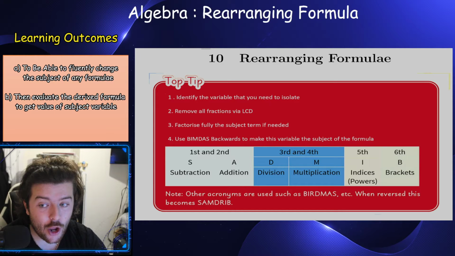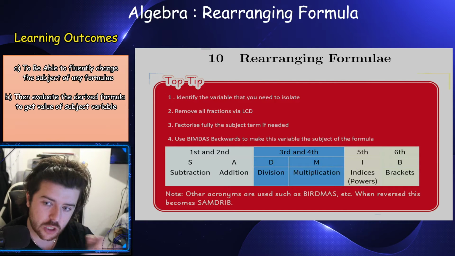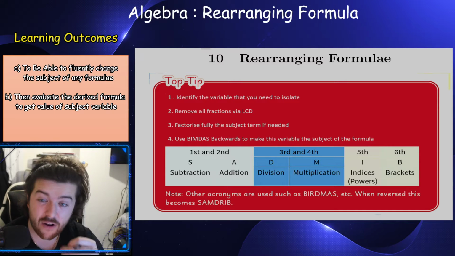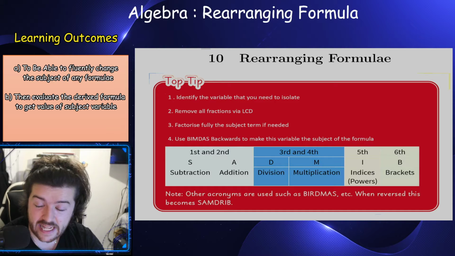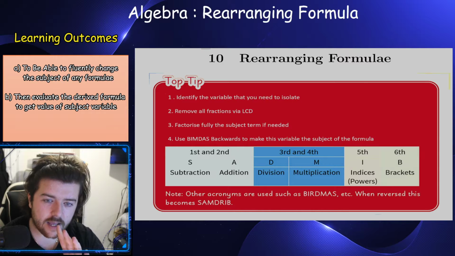You're gonna know what I mean by this shortly, but all I mean is if I have multiple terms that have the variable I need to isolate, I'm probably gonna need to factorize it to get it down to one term with the variable in it. That doesn't make sense, but it will, maybe.